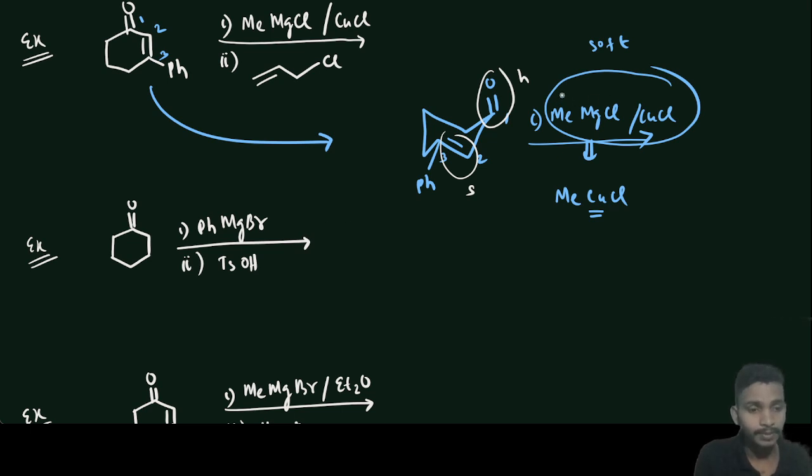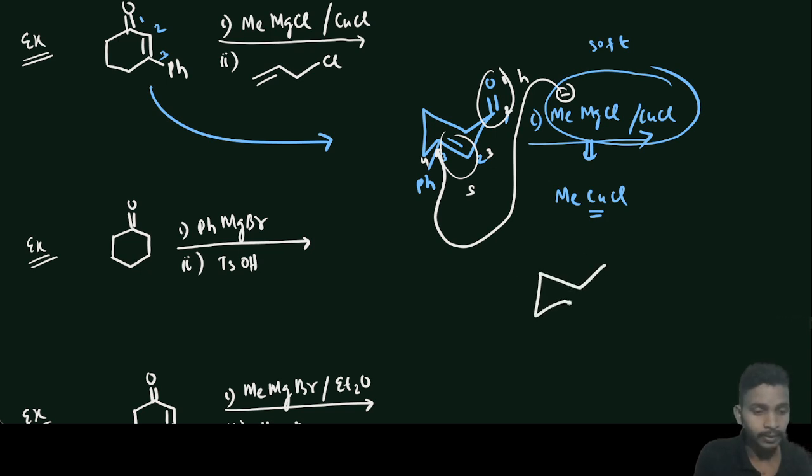So this methyl, that is Me minus or CH3 minus, will attack these positions, meaning 1,4-addition will occur. This is 1, 2 and 3, and this is 4. So 1,4-addition, conjugate addition or Michael addition will happen, like this, and the magnesium will be here.